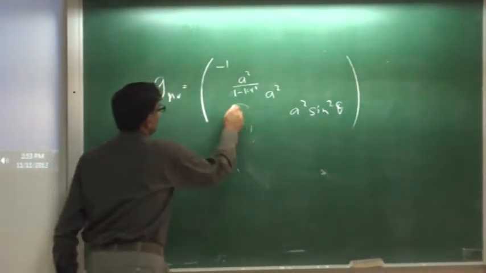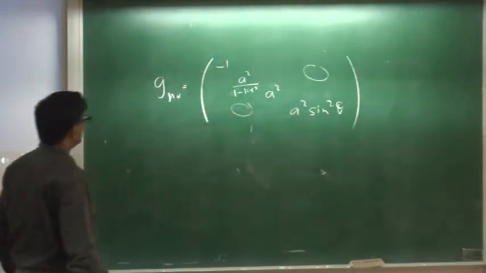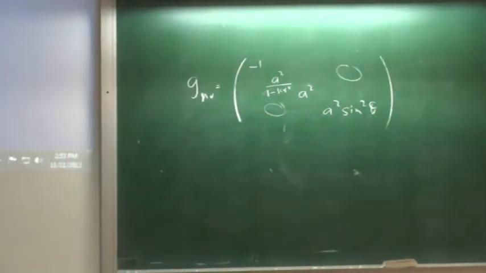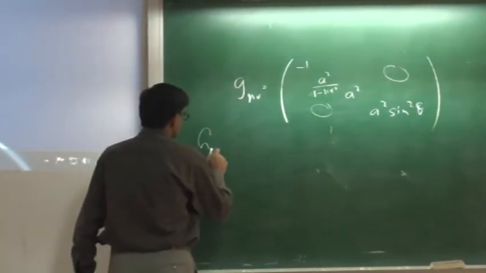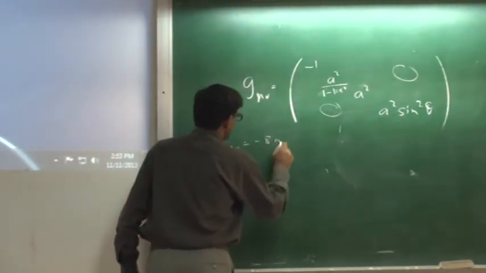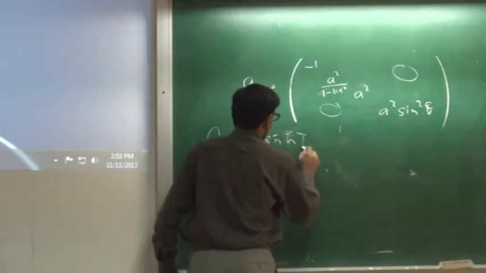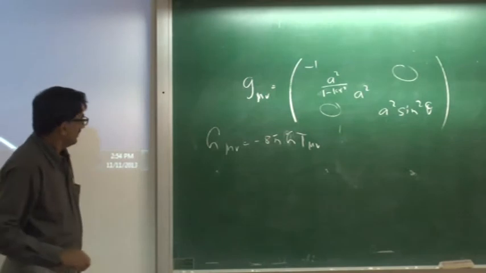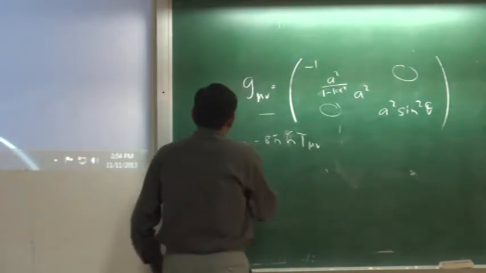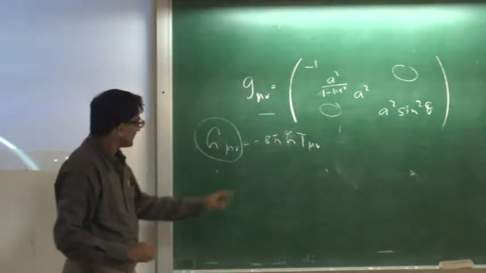So this is your metric tensor. Once you have this metric tensor, you can calculate all your gamma, everything, and then substitute it in Einstein's equation, G mu nu equal to -8 pi G T mu nu. Using this, I can calculate these components.